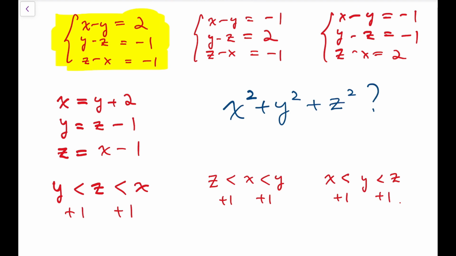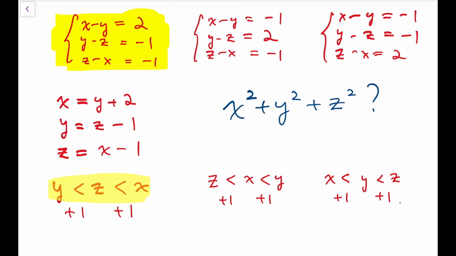Because regardless of the arrangement of x, y, z, as in the size of x, y, z, when we do the sum of squares, the outcome would still be the same.